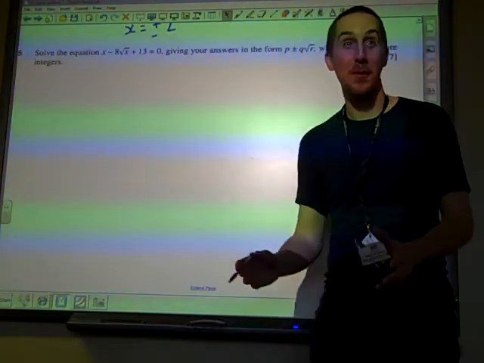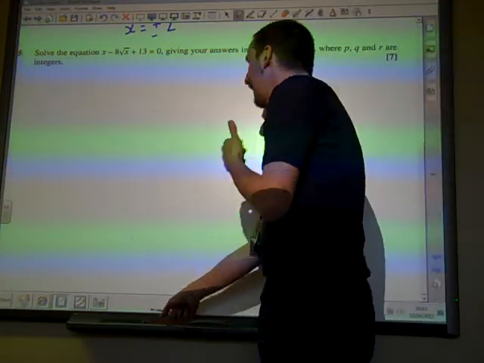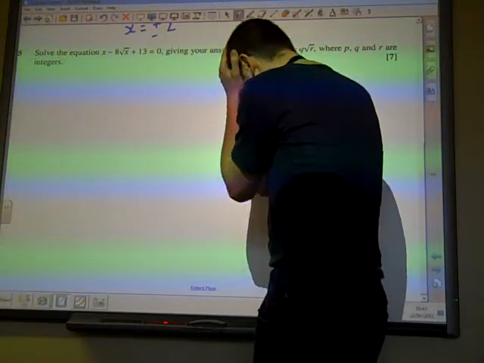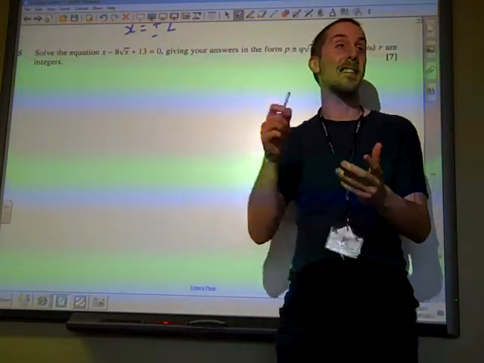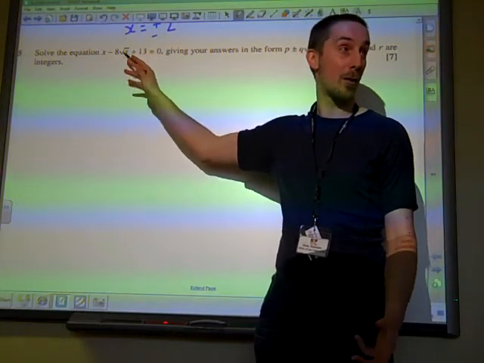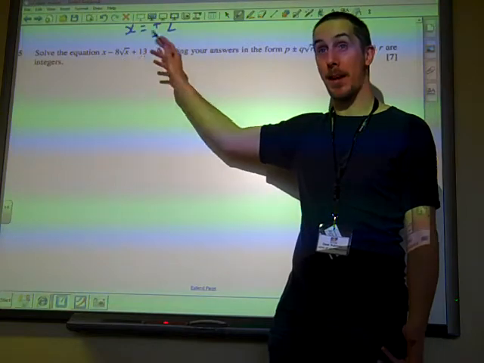Question 5 then, the stealth quadratic question. Remember, we're looking here for, is the power of the biggest power twice the other one? Well, it's not written like that, but this would be x to the 1, and this would be x to the half, so it is.